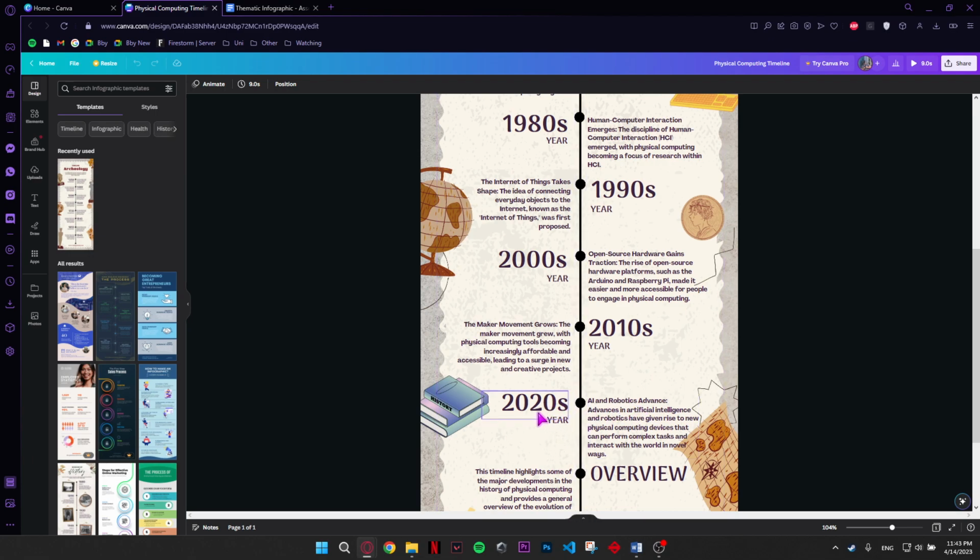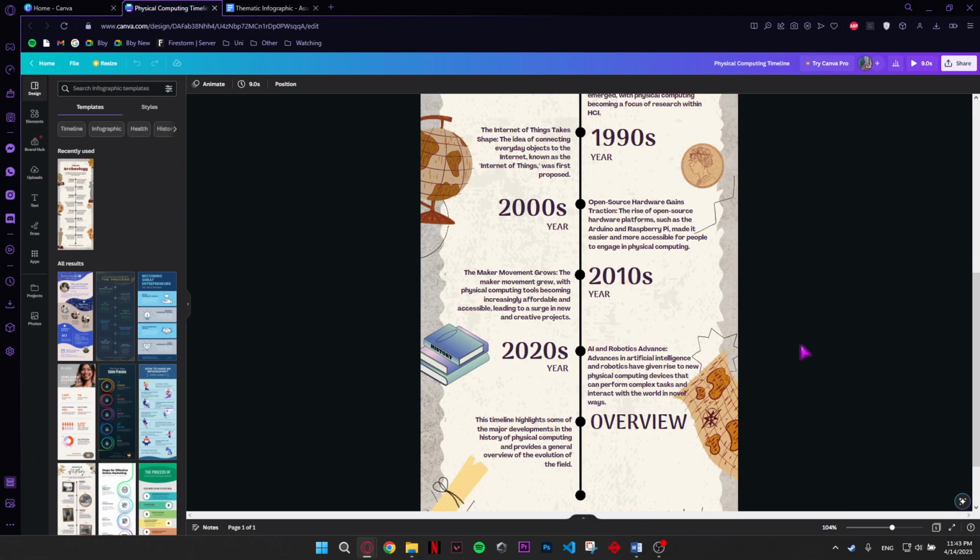In the 2020s, AI and robotics advance. Advances in artificial intelligence and robotics have given rise to new physical computing devices that can perform complex tasks and interact with the world in novel ways. So in the 2020s, the world is developing globally when it comes to AI and robotics, wherein they build robots who can communicate with humans and who have physical interaction as well.